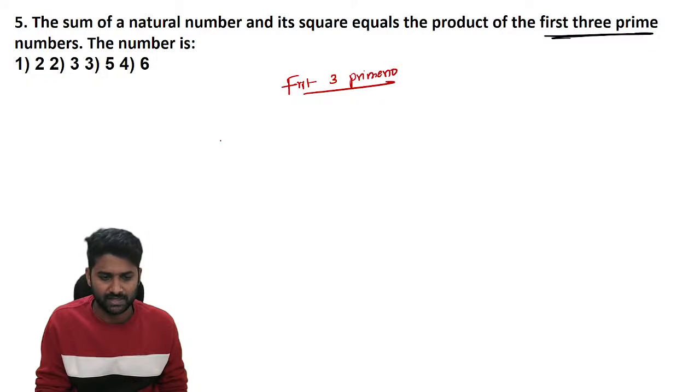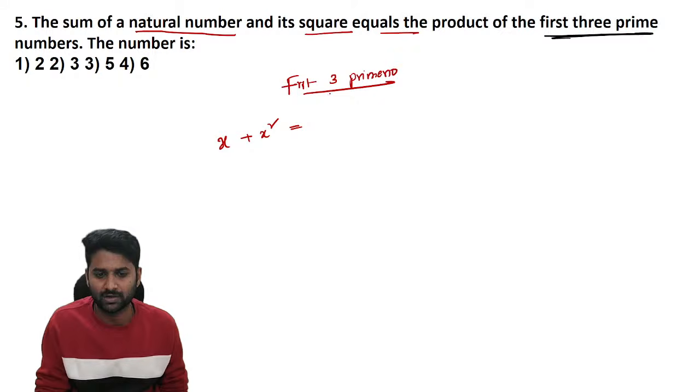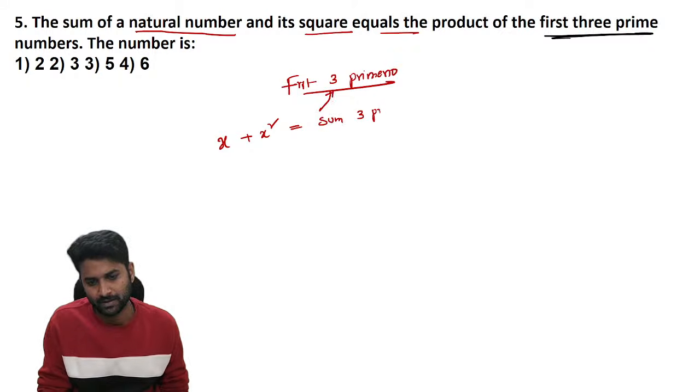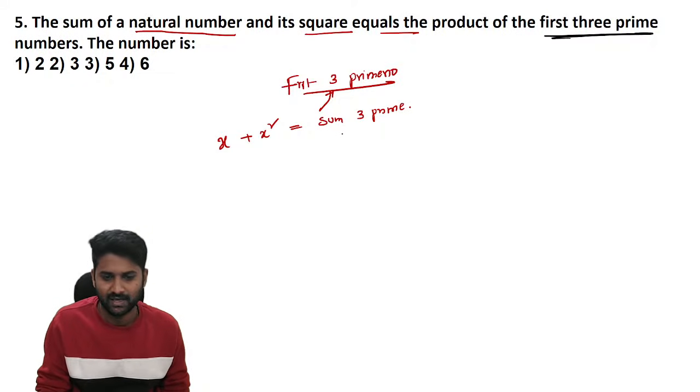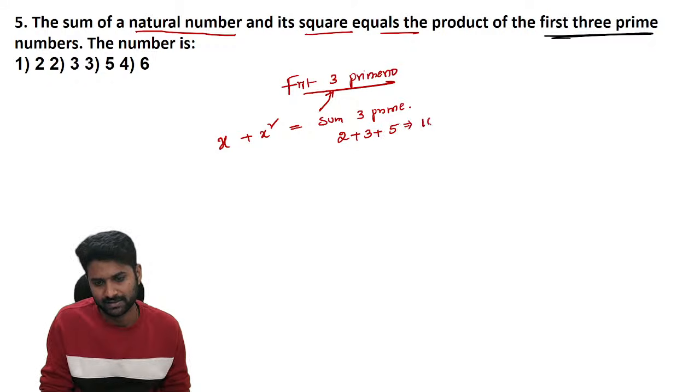See, there is one natural number and the square of this number. The sum of natural number and its square is equal to the sum of first three prime numbers. Now tell me what are the first three prime numbers? Yes, it's 2 plus 3 plus 5. Here answer is 10.